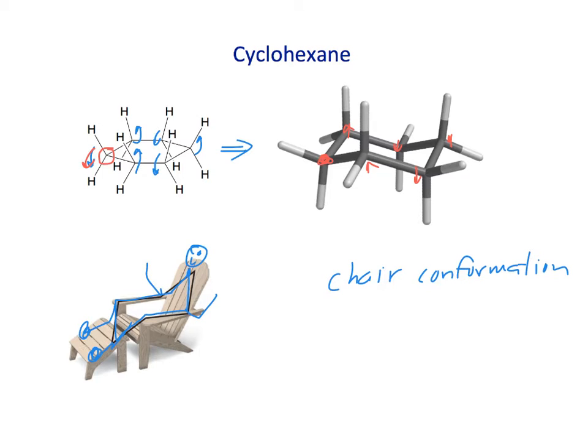Why would the cyclohexane adopt this structure? Why is the chair more stable than planar cyclohexane? All right, so there's really two reasons for this. The first is that notice that all of the bonds are staggered.